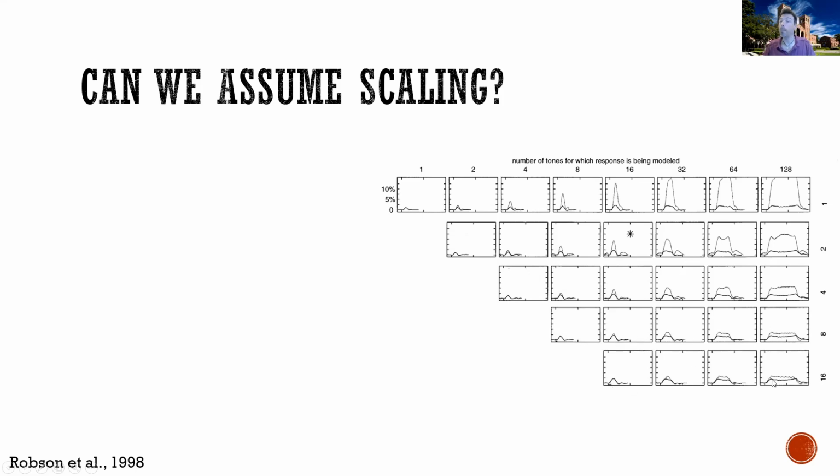The difference between the predicted and the actual becomes less and less. In fact, by the time you take the prediction to the actual response to 64, if you multiply that by 2, you get something very similar to the response to 128.